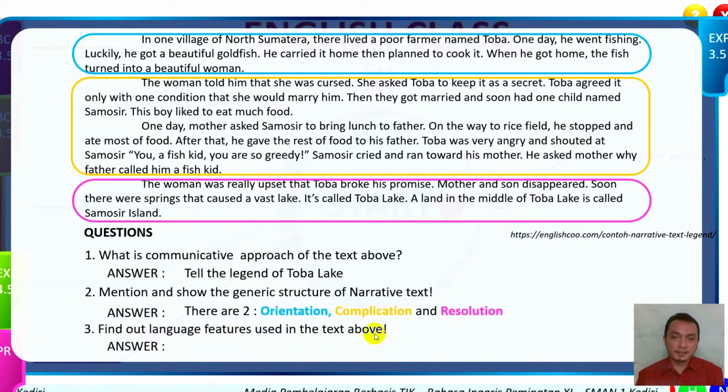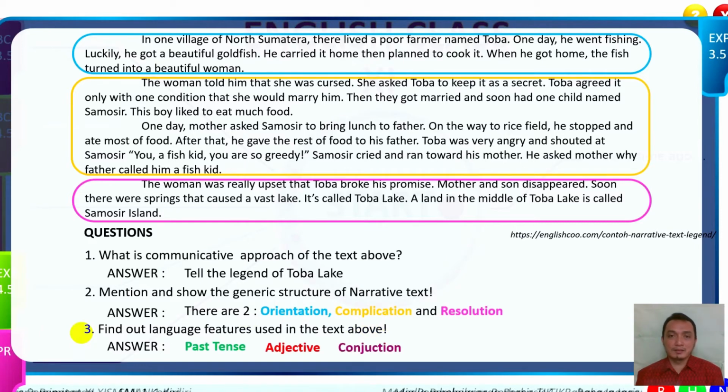Because this narrative text happened in the past, a long time ago, and it doesn't happen in the present or in the future, the language feature should be past tense. And also sometimes the text uses adjectives, adjective clauses, and then conjunctions. Where is the past tense?